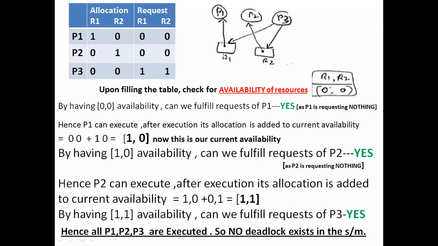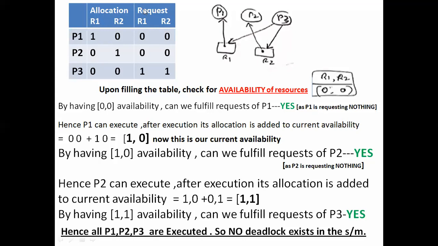So you can simply observe this particular RRAG, resource request and allocation graph. You can see here how many processes are there? P1, P2, and P3 processes are there. Hence, you can write down all the processes row-wise.